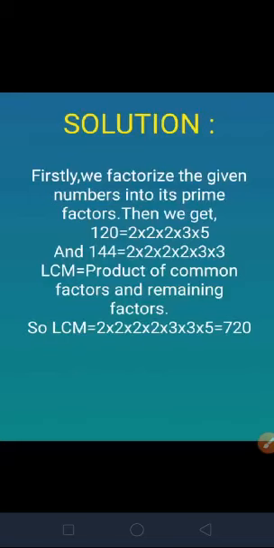LCM is equal to the product of the common factors and the remaining factors. So the common factors are 2, 2, 2, 3, and the remaining factors are 2, 3 and 5, and 3 is also common.